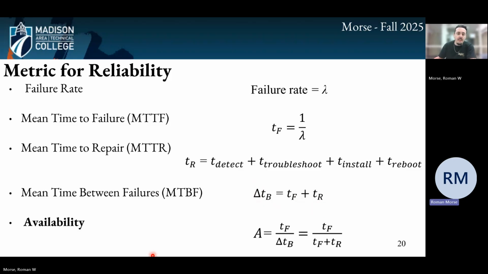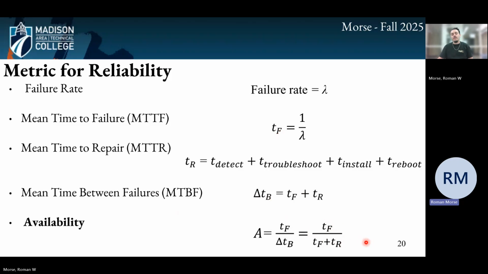And then finally, availability. This gives us a measure of what's the fraction of time that a component is available, so basically is in operation. Here I have TF, the failure time, divided by delta TB, which is equal to TF divided by TF plus TR.